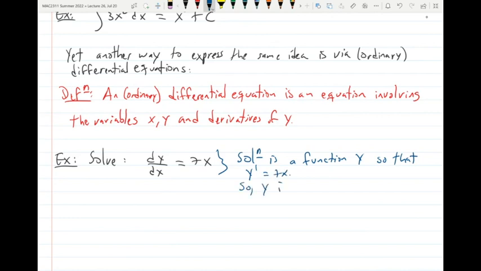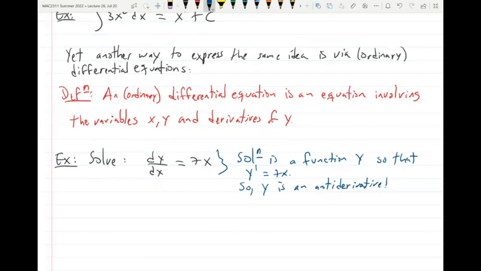So y is an antiderivative. Really all we are asking here is to find all the possible antiderivatives that 7x has. That will be all the solutions. Do you understand what I'm saying?